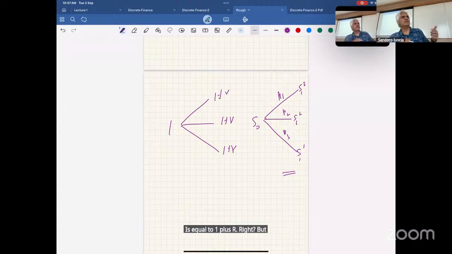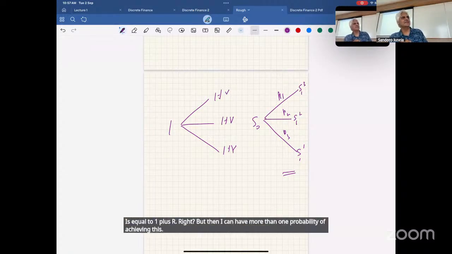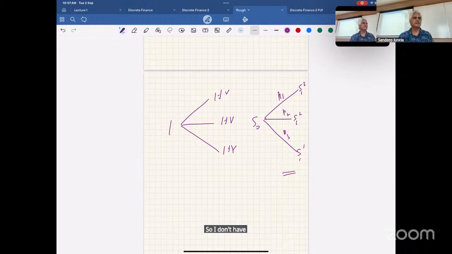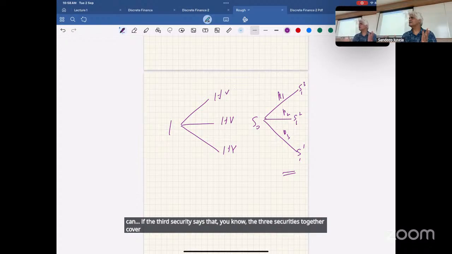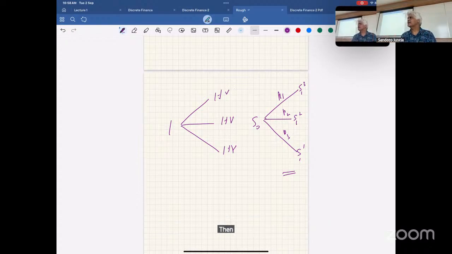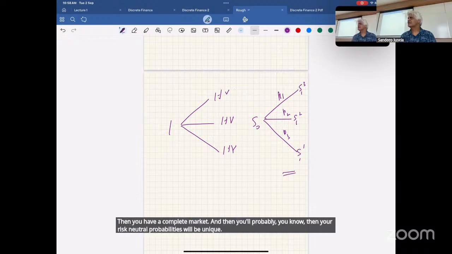But then I can have more than one probability achieving this. So I don't have uniqueness here. Then things will be different if the third security is such that the three securities together span the whole space. Then you have a complete market, and your risk neutral probabilities will be unique. So that's the whole idea.